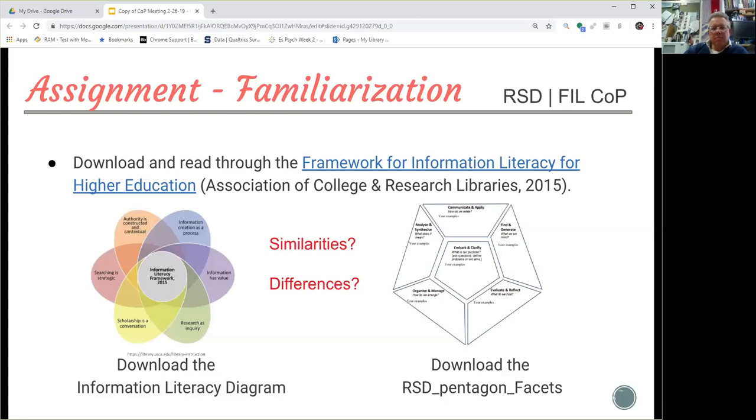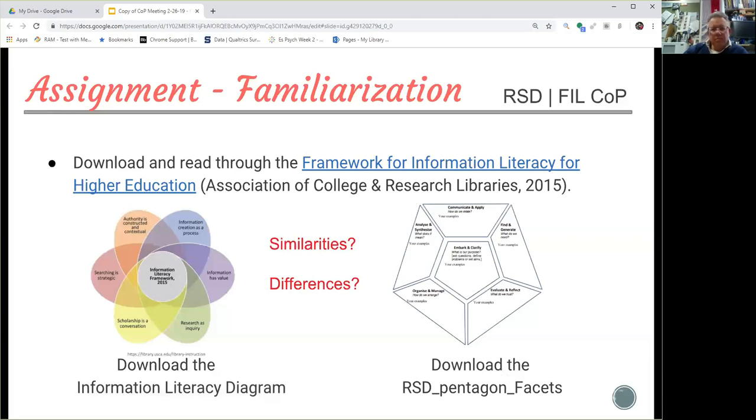And what I want you to do then is also download what I call the framework flower. It's a graphic that Jesse found, and it talks about the different frames for information literacy. You can see that they come up with the themes that you'll also look at when you look at the framework for information literacy, the full page.